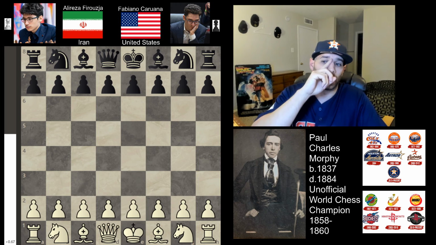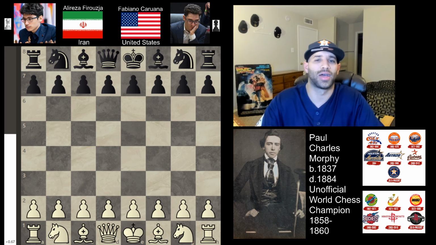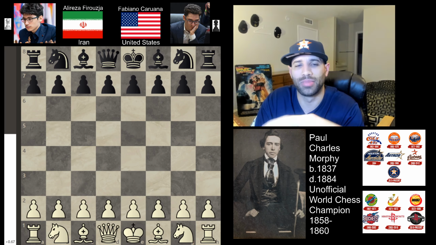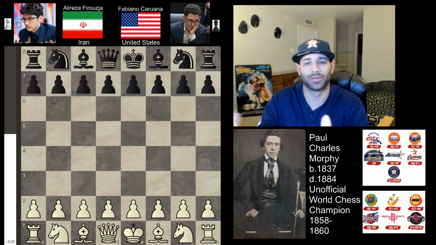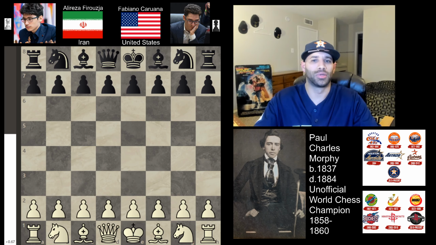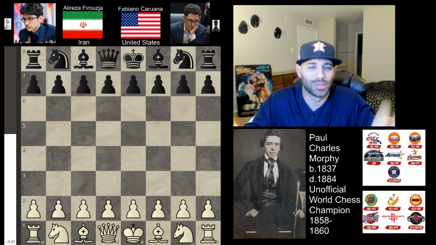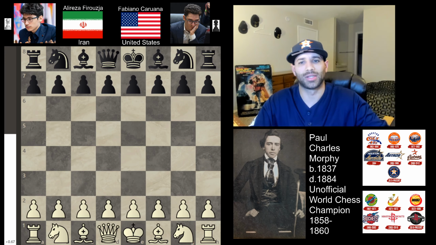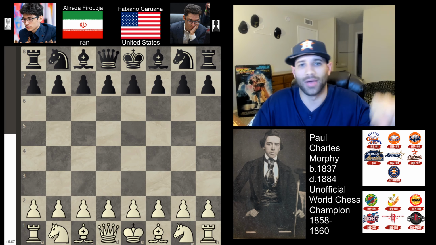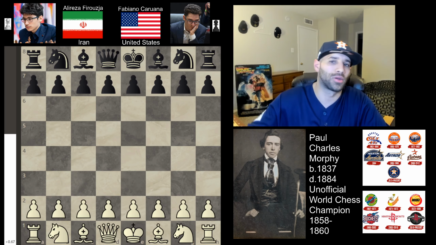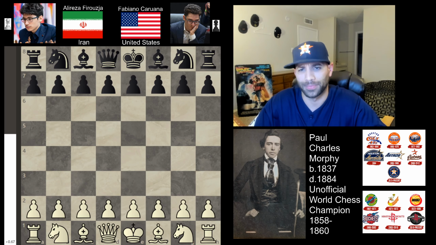As you'll notice above that, I have the pictures of each player, and right next to their picture, I have a little chess piece. Next to Alireza Firouzja, you have the white chess piece, and next to Fabiano Caruana, you have the black chess piece.